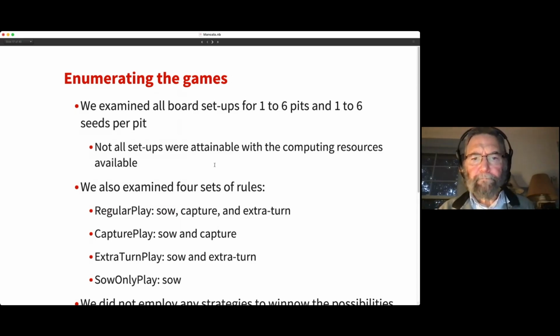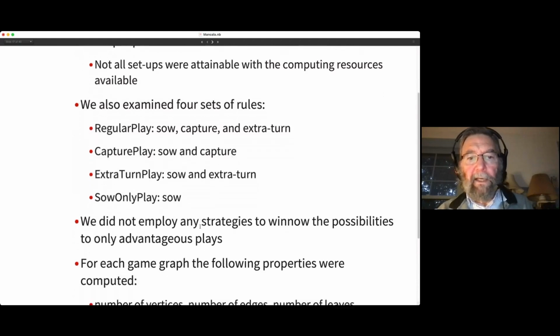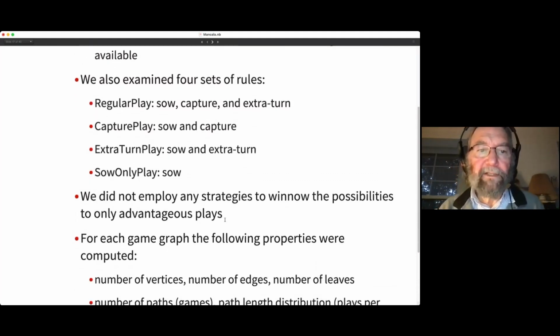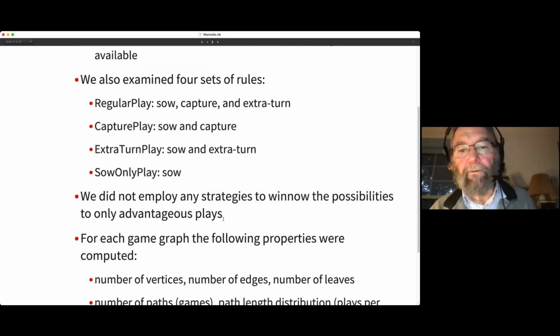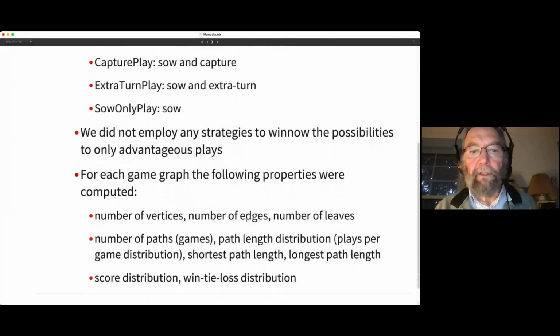I studied 4 different sets of rules: the regular play, capture play, extra turn play, and the sowing only play. I did not employ any strategies to winnow the possibilities to only advantageous moves. We are effectively doing a zero depth perception of the graph. We were looking at all possible ways the game could have been played, essentially using a random strategy, as it were.